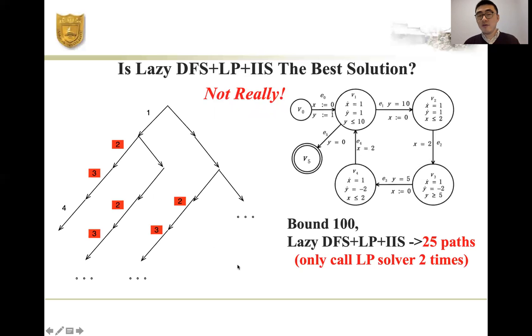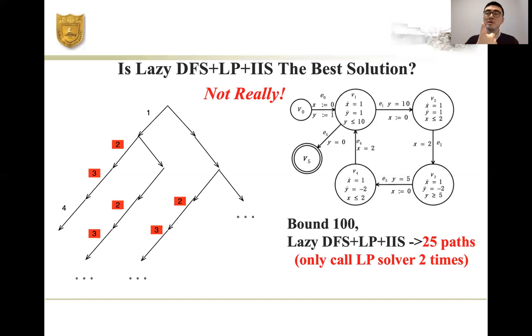Right? For example, for this simple model, when we do lazy DFS plus LP plus IIS, the path enumeration part gives us 24 paths to check. And how many times do we call the LP solver? Only 2 times.